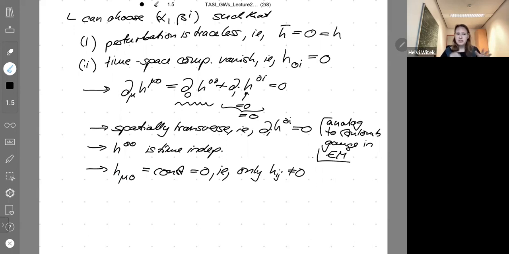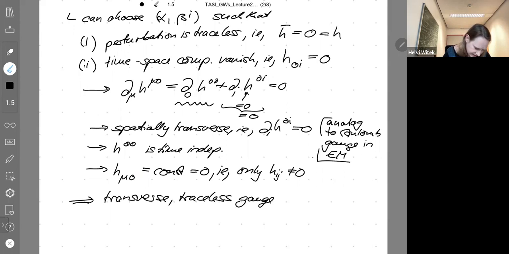Okay, so all of these properties put together is what we call the transverse traceless gauge, and we will indicate that by a double capital T. So all of this put together forms the transverse traceless gauge, indicated by the names. We choose the functions such that our perturbation is traceless, and it's already transverse from this condition here.